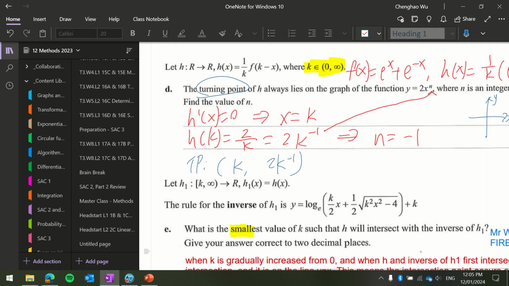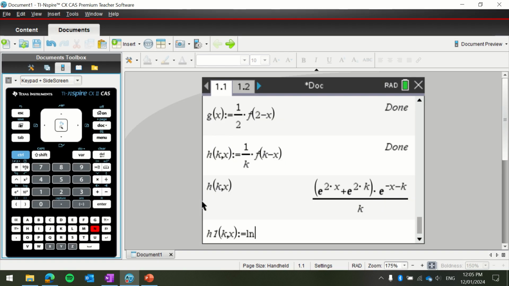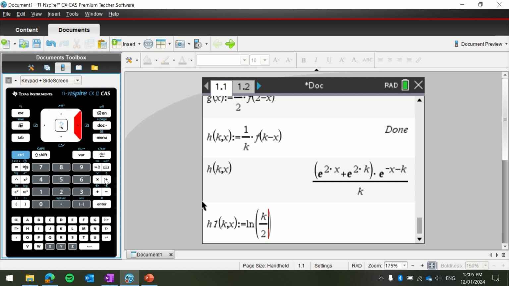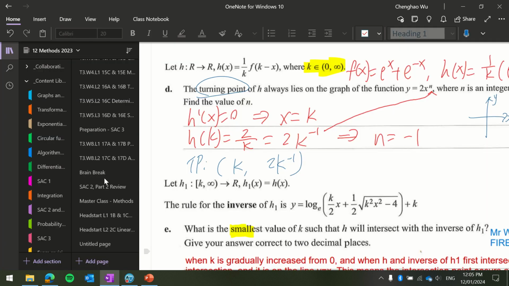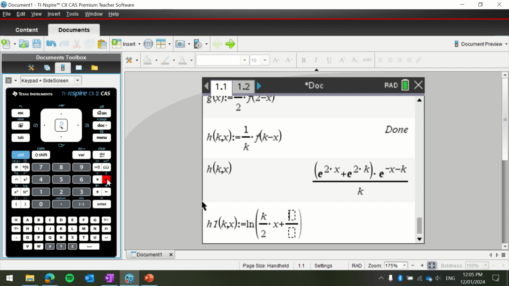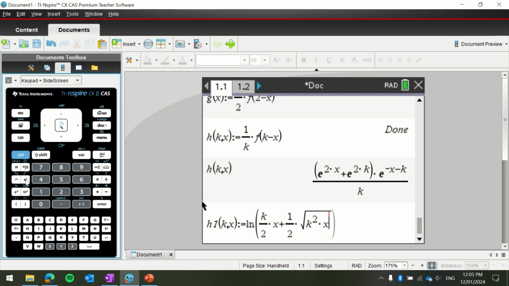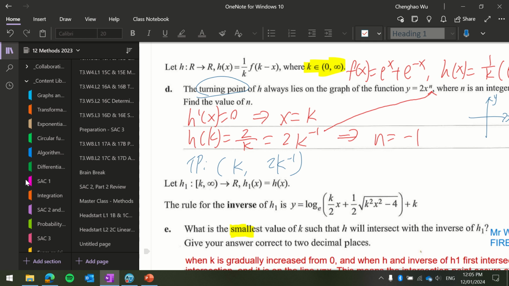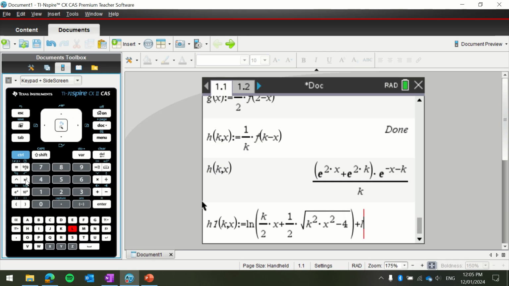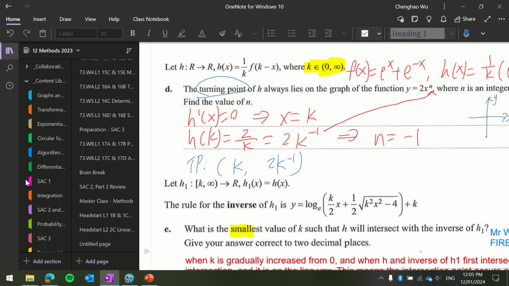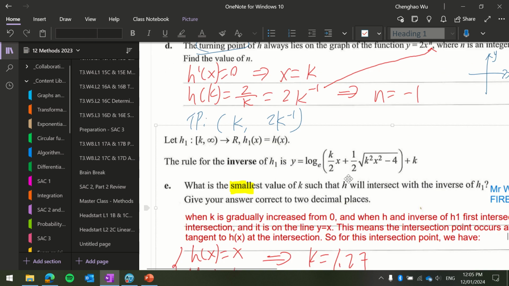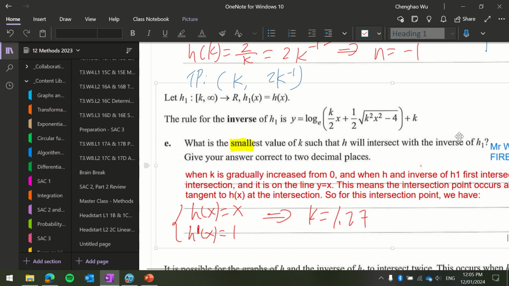Okay, h1, I define that, and that's going to be a natural log function: k over 2 times x, plus 1 over 2 times the square root of k squared times x squared minus 4, all plus k. Okay, so I need h to intersect with h1.